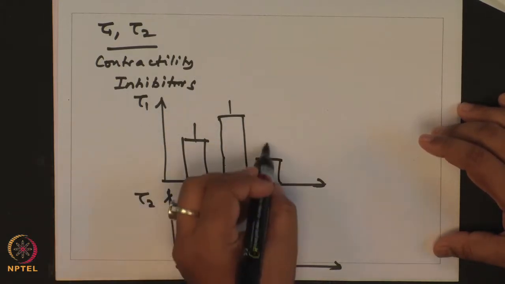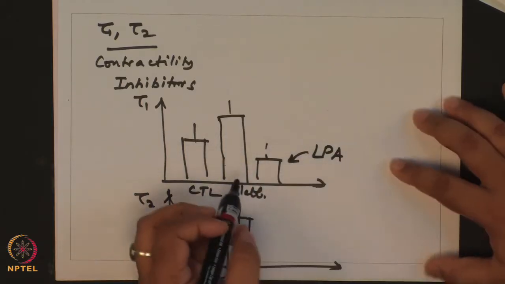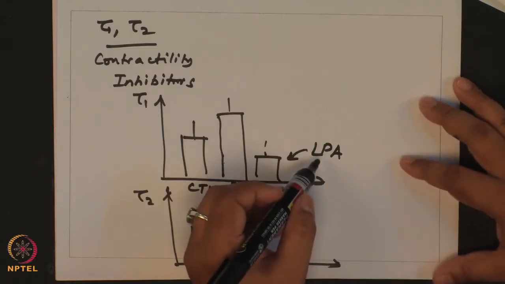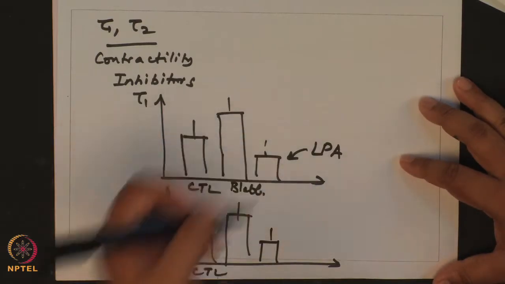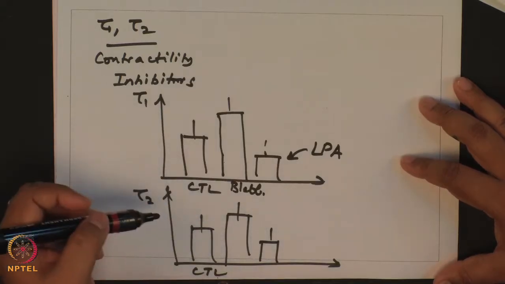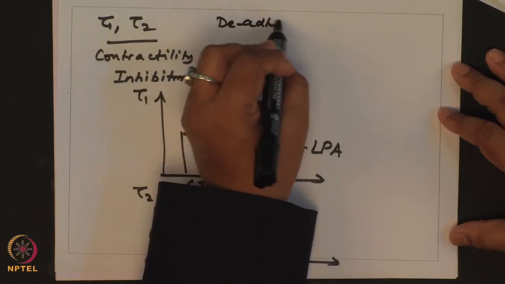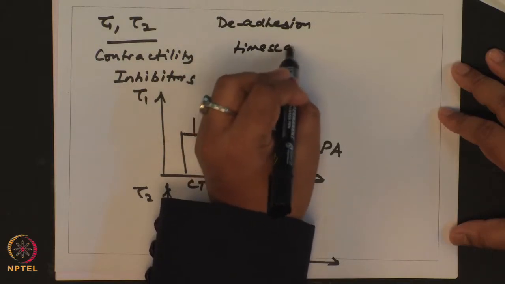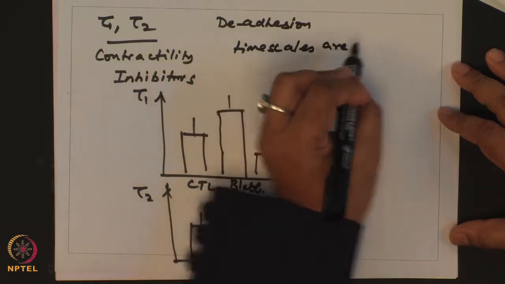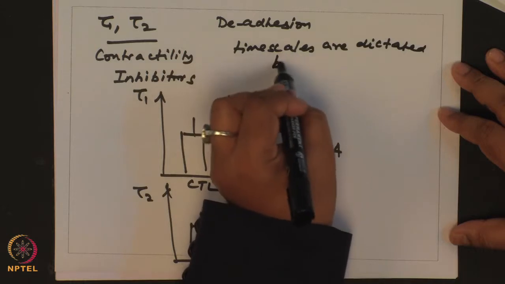Again, when I treat with drugs which promote contractility, let us say lysophosphatidic acid, which promotes the Rho-Rock pathway, then what you see is your tau values decrease. In other words, de-adhesion time scales are dictated by contractility.